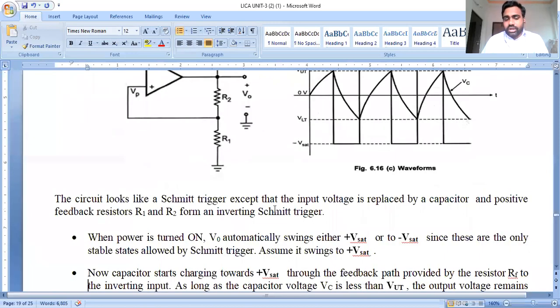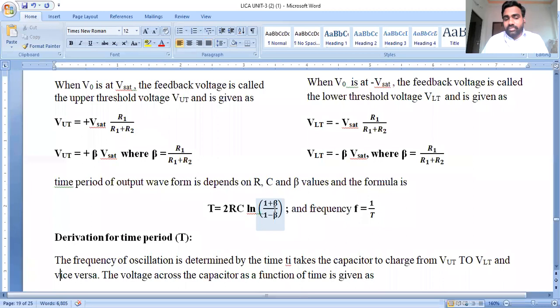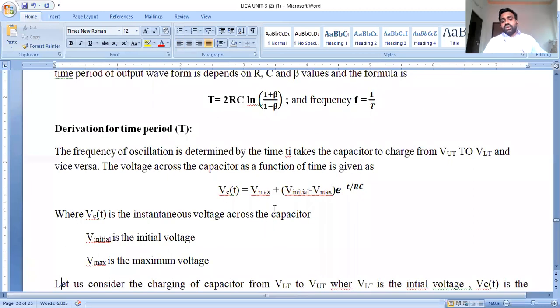Next we calculated the behavior of the time period. In the astable multivibrator, we calculated the time period during the capacitor charging from the lower threshold value to the upper threshold value, and the capacitor discharging from the upper threshold value to the lower threshold value.